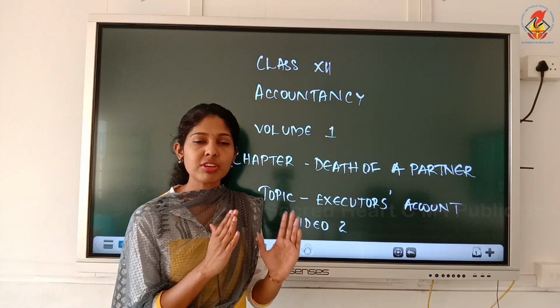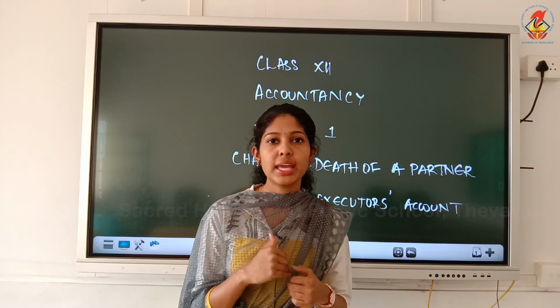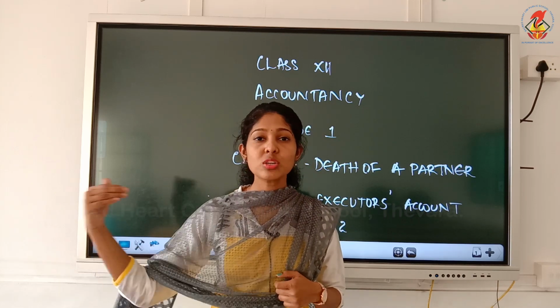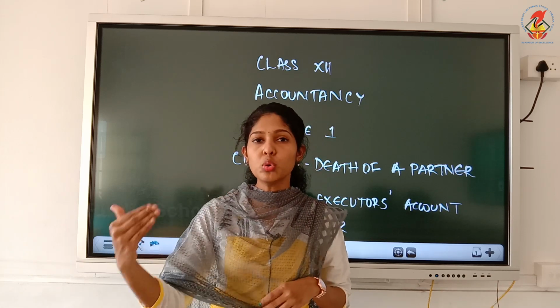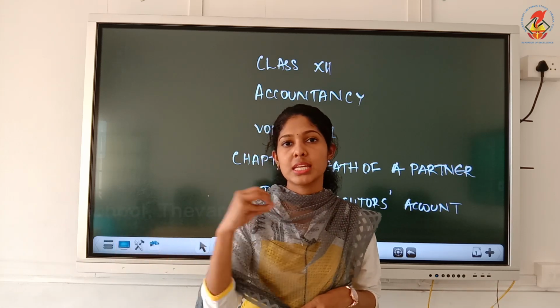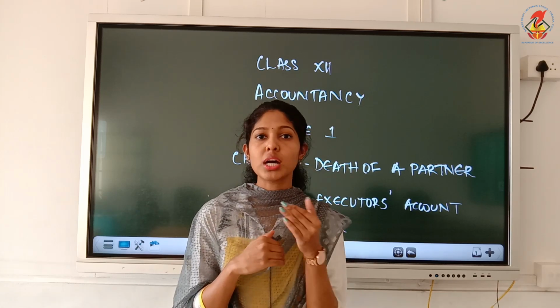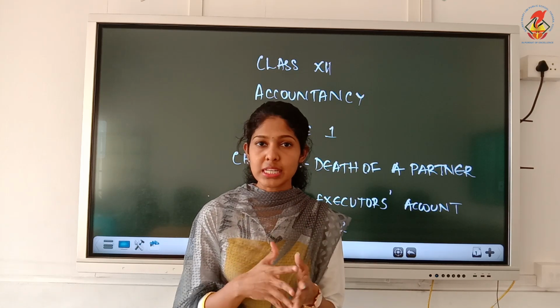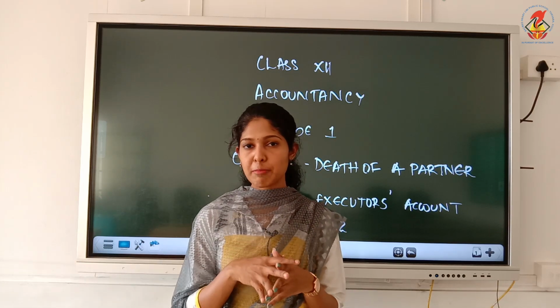And the balancing figure of this particular account must be transferred to the executor's account. Executor means he is the legal representative to whom this amount is transferred, because we can't transfer directly to the partner, because in this case it is not retirement, it is the death of a partner. So we will have to transfer to his legal representatives.